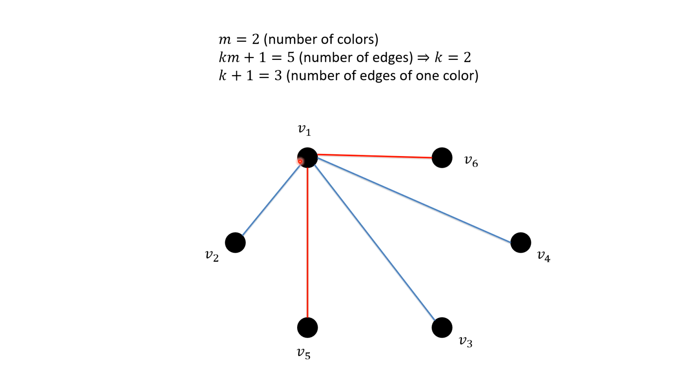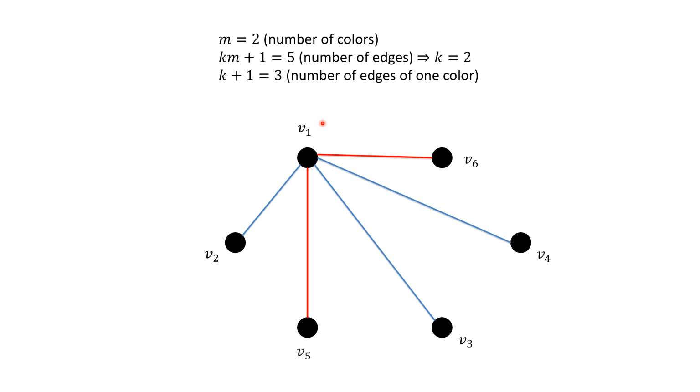I want to solve that by isolating one particular person in the group. We'll call that V1 or node V1. And then from the generalization of the pigeonhole principle, we can let the colors be the second group, m equal to 2, since we have 2 colors. And then km plus 1 is the number of edges. That would be 5, right?